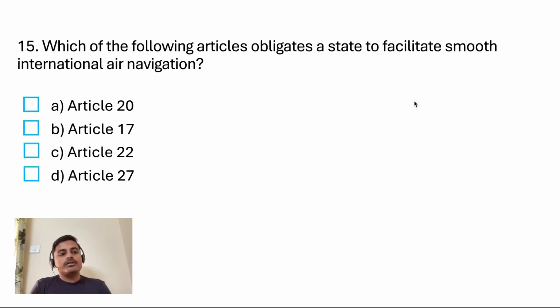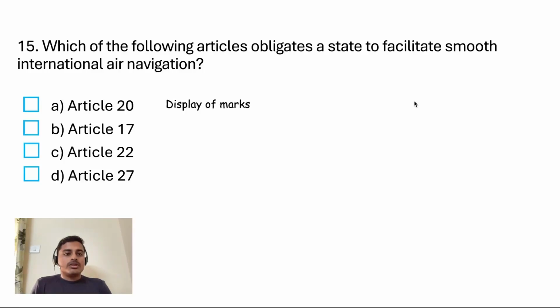Question number 15. Which of the following articles obligates a state to facilitate smooth international air navigation? So every state, meaning every country, is required to provide the facilitations to an international aircraft so that the international air navigation is smooth, and it does not cause any inconvenience to the passengers.